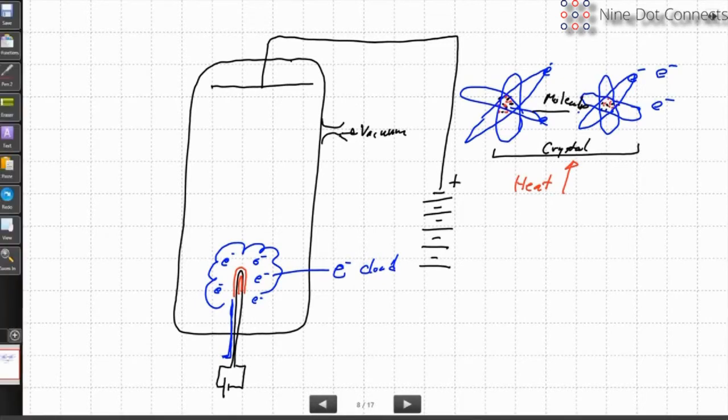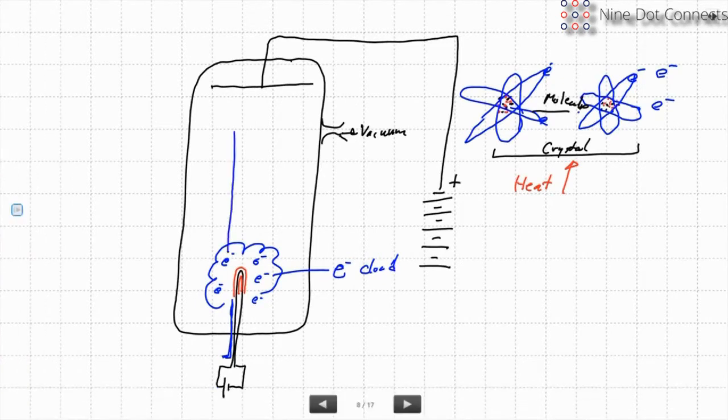Well, those electrons are then going to be attracted and they're going to flow. So current will flow. So we have negative current flowing. Remember, electrons are negatively charged. So positive current is taken to be the other direction, but really it's only electrons flowing. Nothing is flowing the other direction.